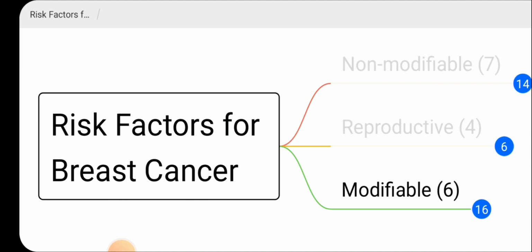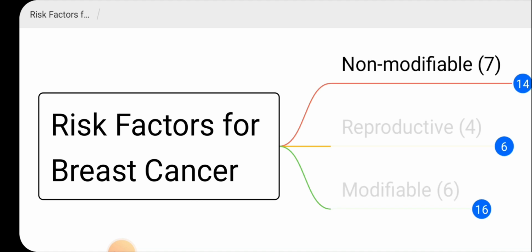So I have included 7 non-modifiable risk factors, 4 reproductive risk factors and 6 modifiable risk factors. The number of these risk factors may vary according to the textbooks and the literature you are referring to. However, for the easiness of remembering, I have numbered these. Then you can easily remember.